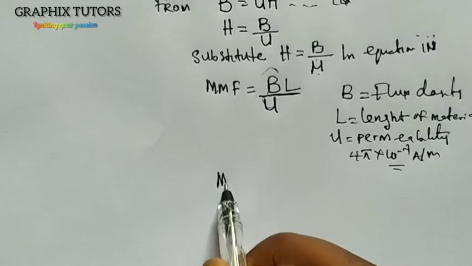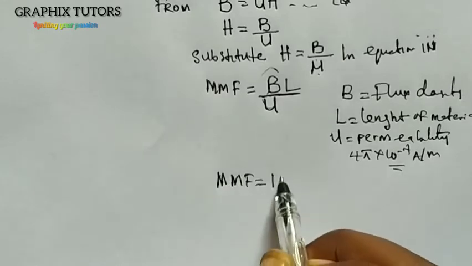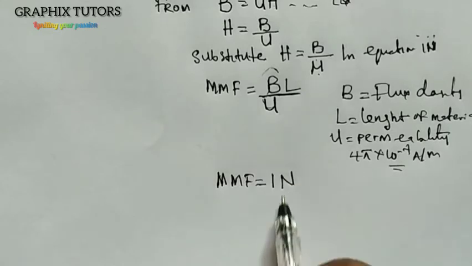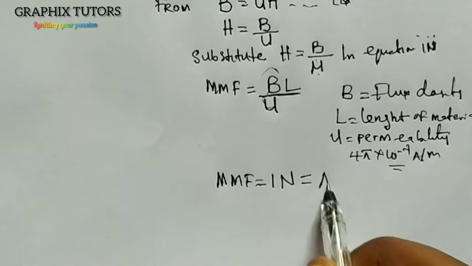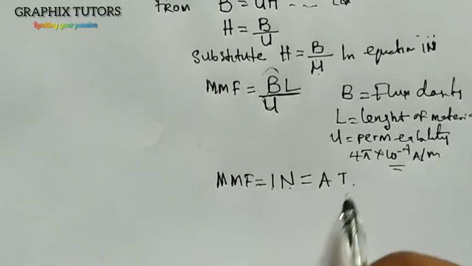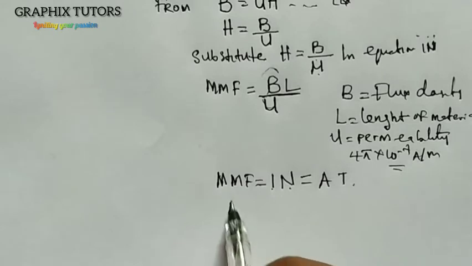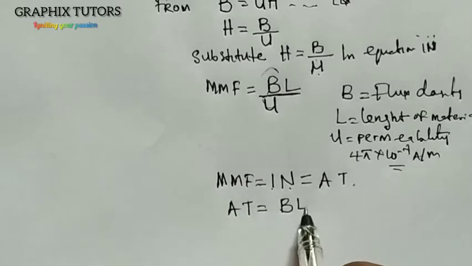So whenever you are told to calculate MMF, since MMF gives us current times number of turns, it can also be called AT, that is, ampere for current and turn for number of turns. So I can also write that my AT is equal to BL over mu.